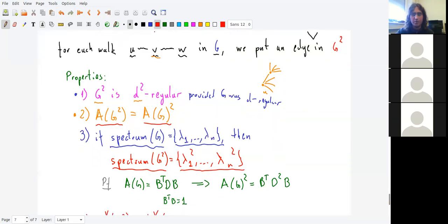And this is easy to see in several different ways. For instance, you can decompose the matrix in an orthonormal basis.